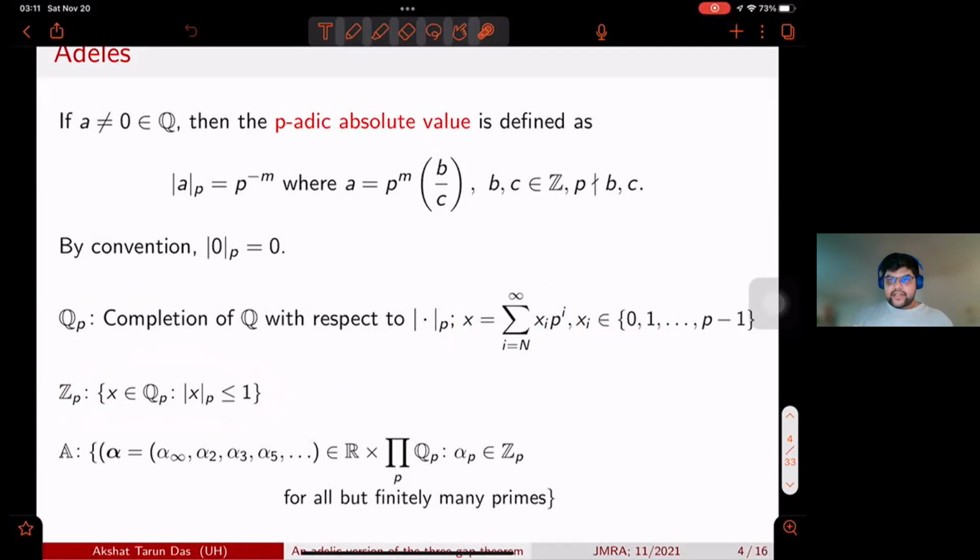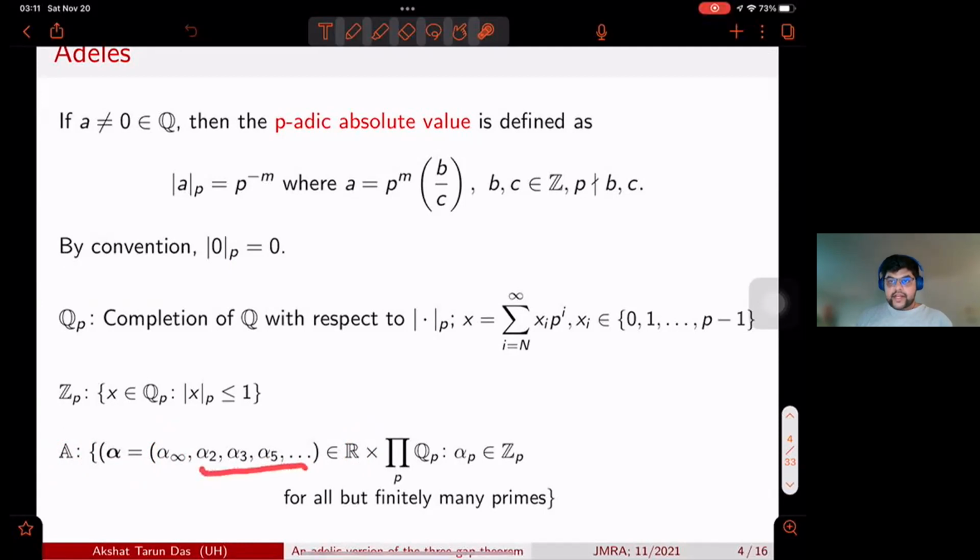All right. Next, we have the topological ring of the adeles, which is denoted by A. So any element in A is going to be this infinite tuple that we have, where the first component is a real number, and all the other places are indexed by all the primes.